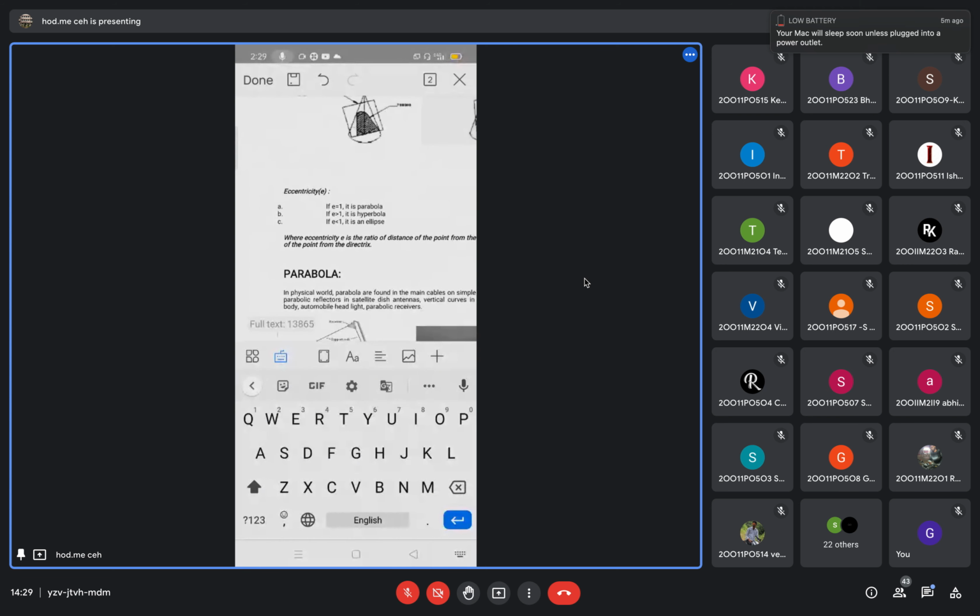If E is less than 1, then the curve will be an ellipse. If E is equal to 1, then the curve will be a parabola. If it is greater than 1, the curve is a hyperbola.